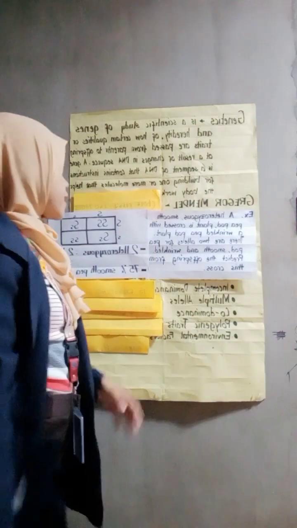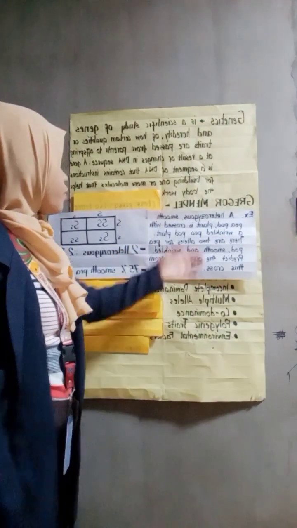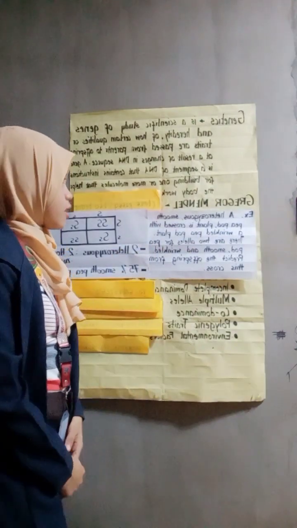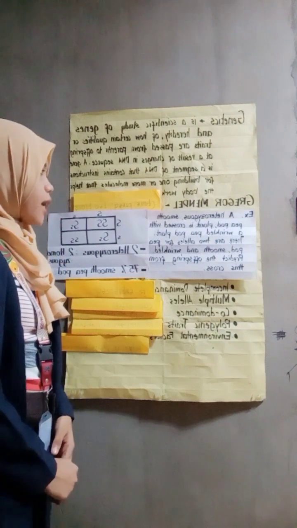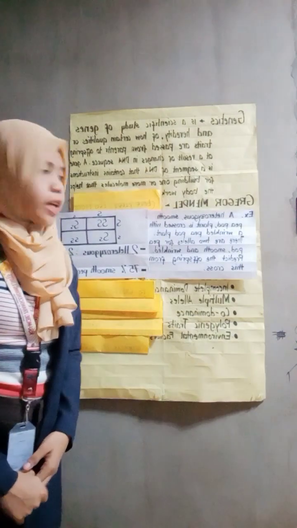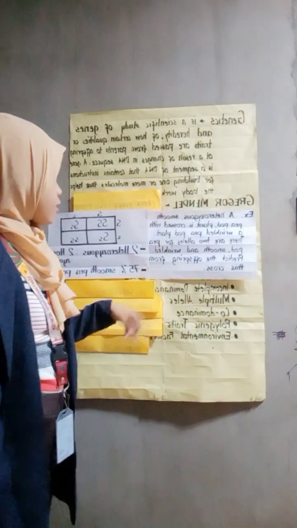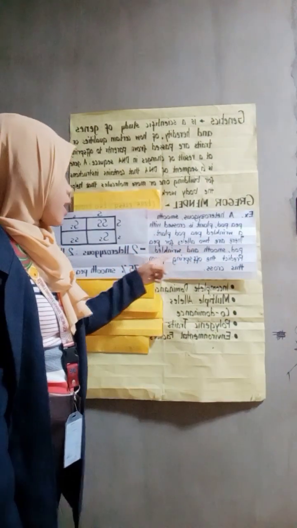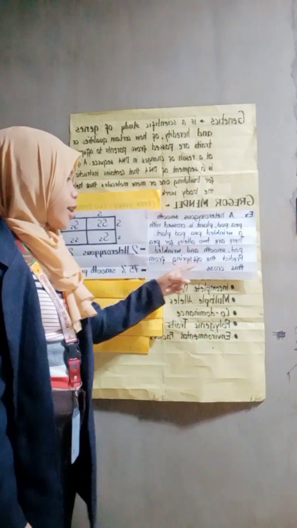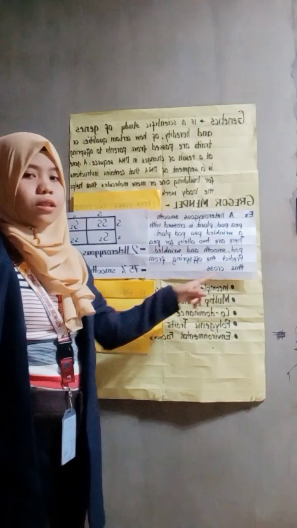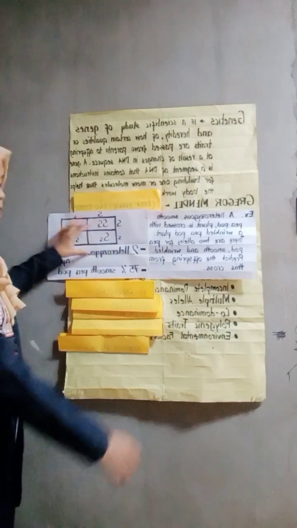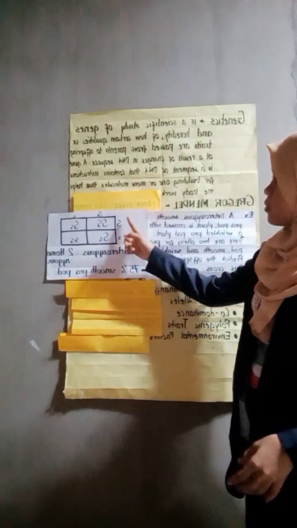Our example is a heterozygous smooth pea pod plant crossed with a wrinkled pea pod plant. There are two alleles for pea pod: smooth and wrinkled. Predict the offspring from this cross. Here is the example.